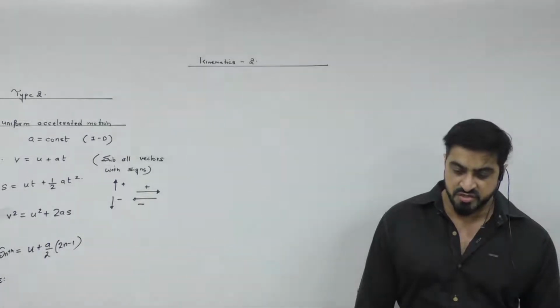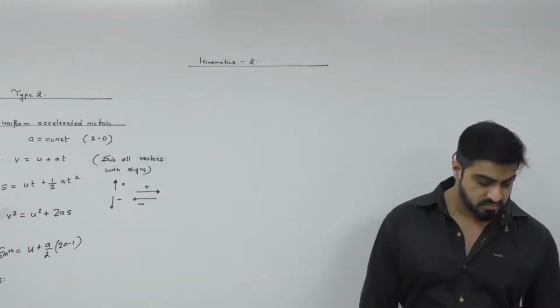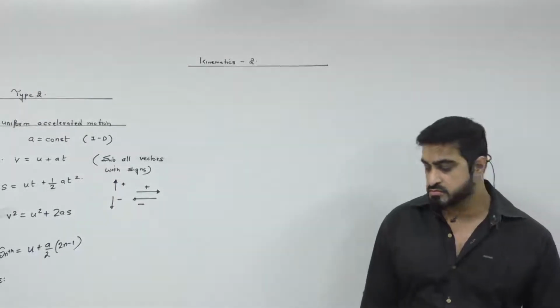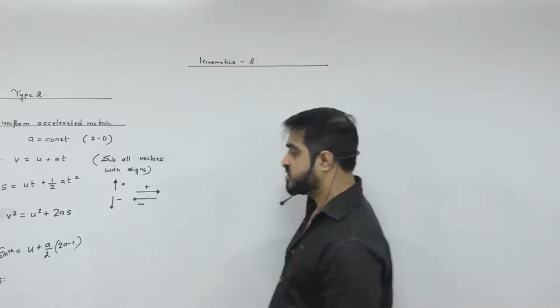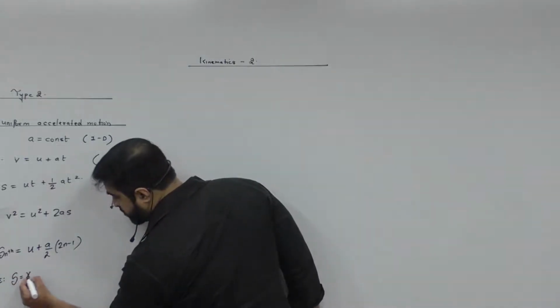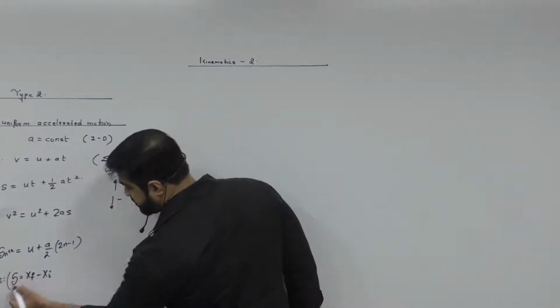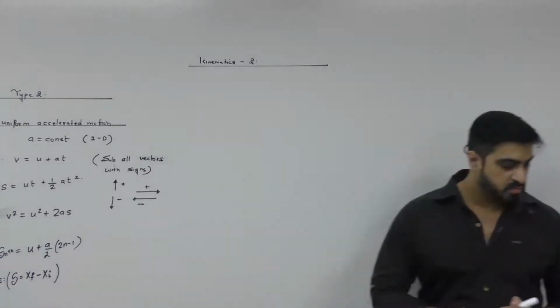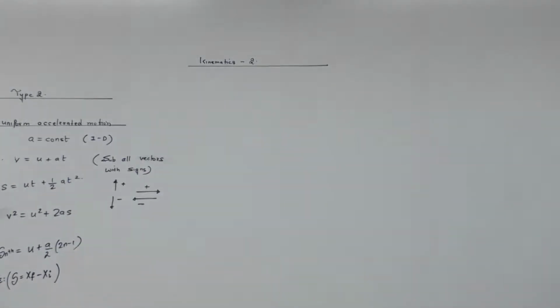Displacement will always be written as final coordinate minus initial coordinate in one dimension.